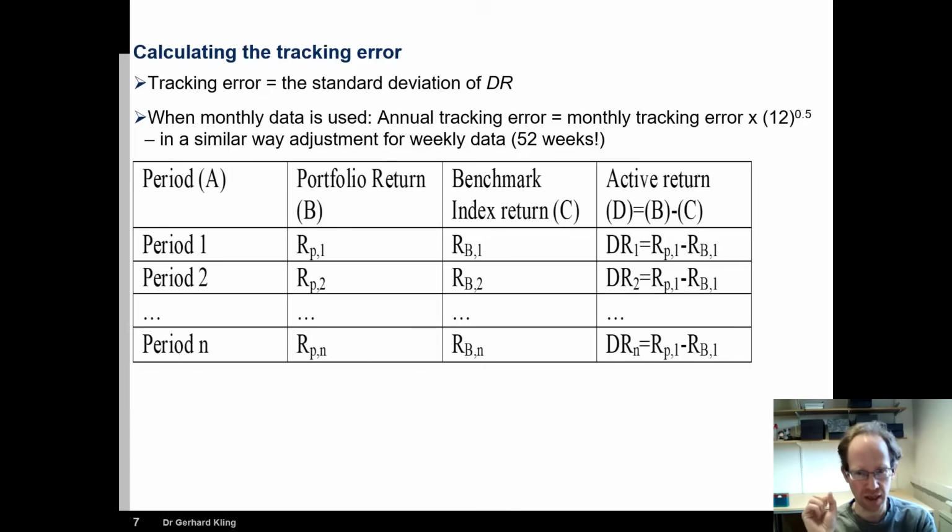So that means they are identically independently distributed. So put differently, when you look at period 1 compared to period 2 or any subsequent periods, the deviation from the benchmark is not systematic. Yeah? It's a random deviation. So there is no correlation between these deviations.